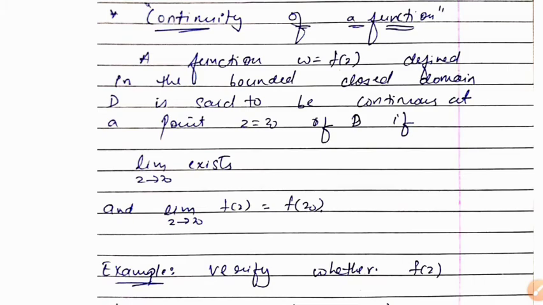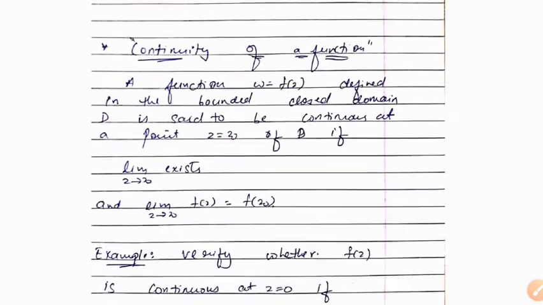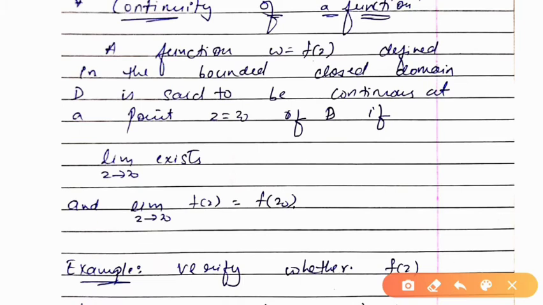First you have to show that the limit z tends to z0 exists, and then you have to show that limit z tends to z0 f of z equals f of z0.